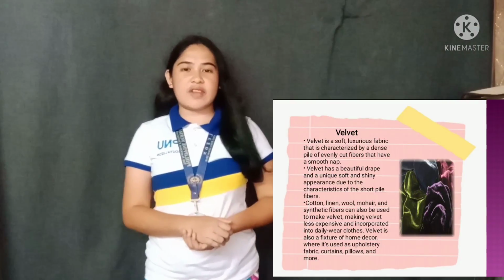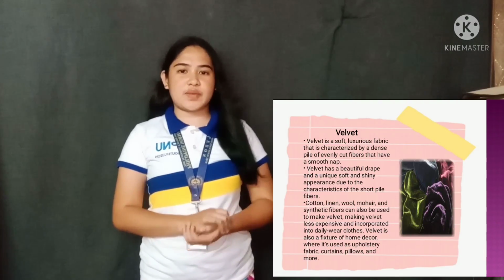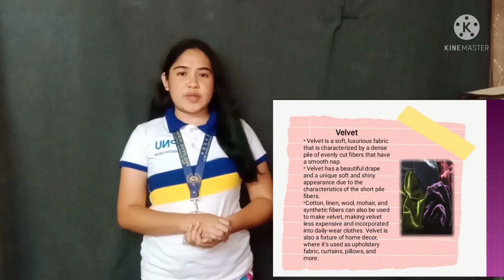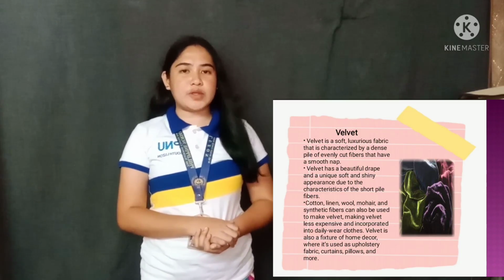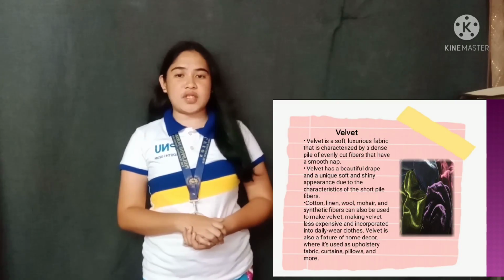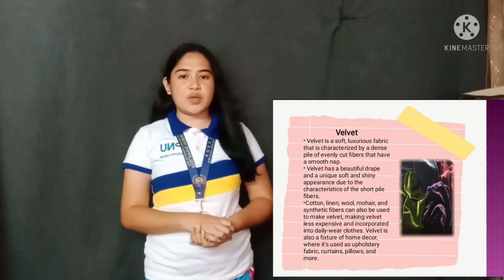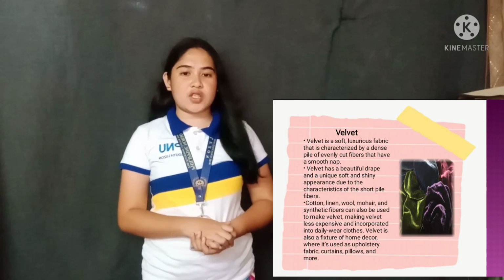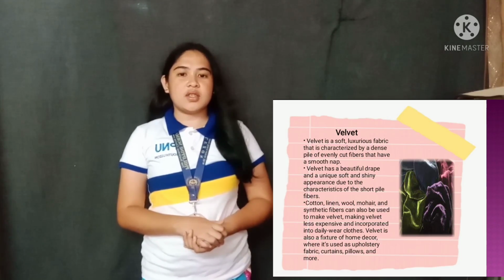Next is velvet. Velvet is a soft, luxurious fabric that is characterized by a dense pile of evenly cut fibers that have a smooth nap. Velvet has a beautiful drape and a unique soft and shiny appearance due to the characteristic of the short pile fibers. Velvet fabric is popular for evening wear and dresses for special occasions, as the fabric was initially made from silk.